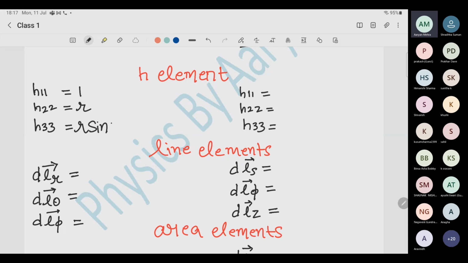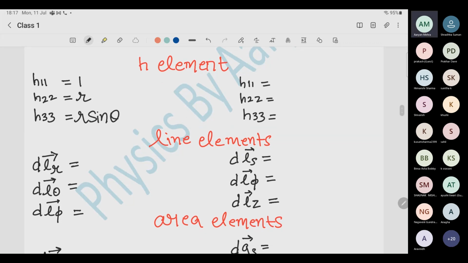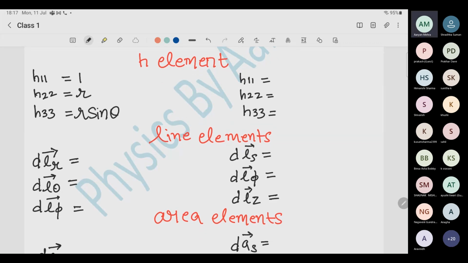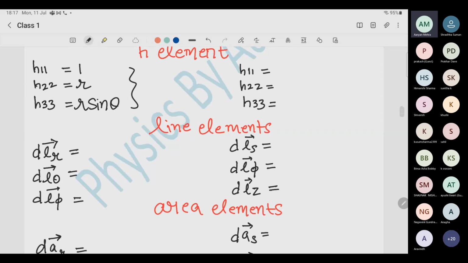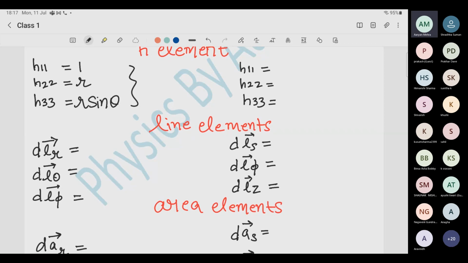Don't ask me why and what these H elements are, otherwise you have to go to tensors and understand the entire subject. So open your book and just remember these three things: in spherical polar coordinates, the first H element is 1, the second is R, and the third is R sine theta. If you remember this much, the problem is solved.